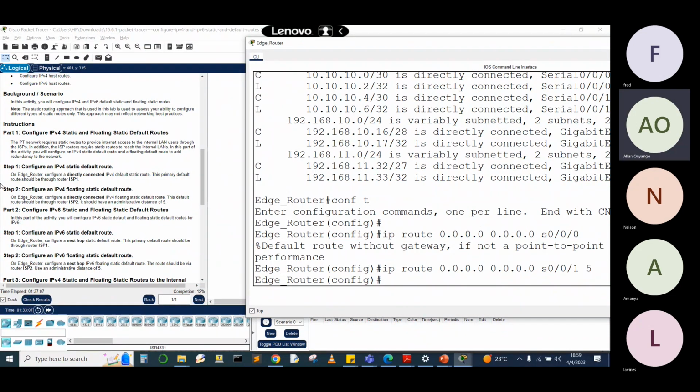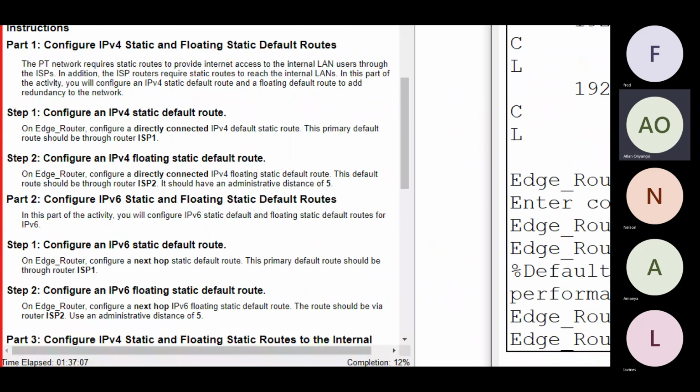Let's see the next instruction on part 2. We are on part 2 here, and it says we're going to configure IPv6 static and floating static default routes. We'll configure default and floating static default. So step 1, configure an IPv6 static default route.